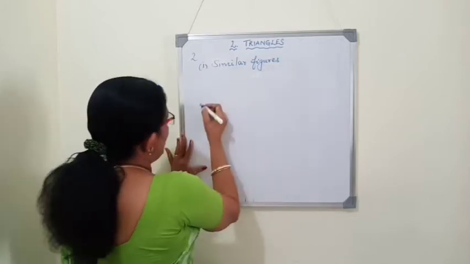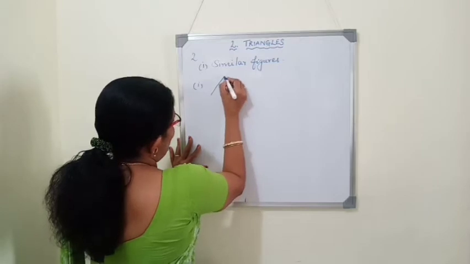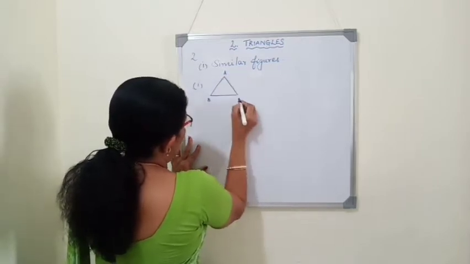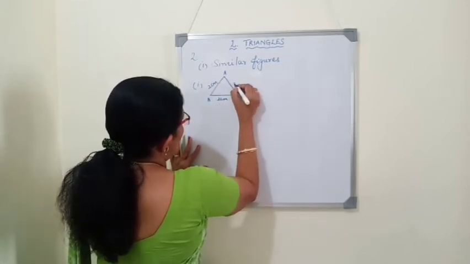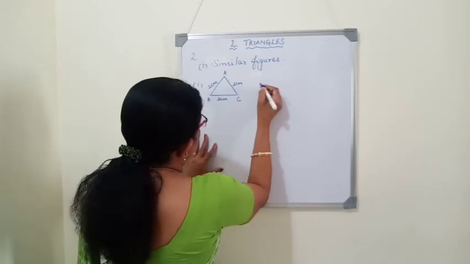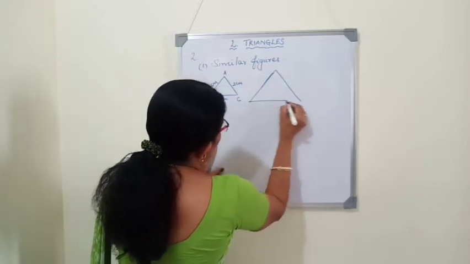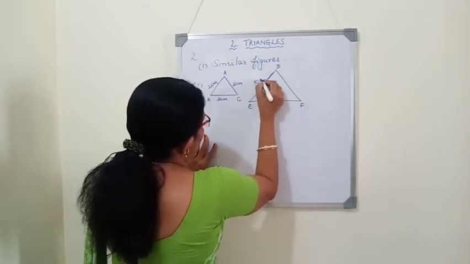So for this we can give the first example as triangles. If you draw two equilateral triangles, they are always similar. Triangle ABC with side, any measurement you can take, 2 centimeter, and triangle DEF of sides we will take 5 centimeter.